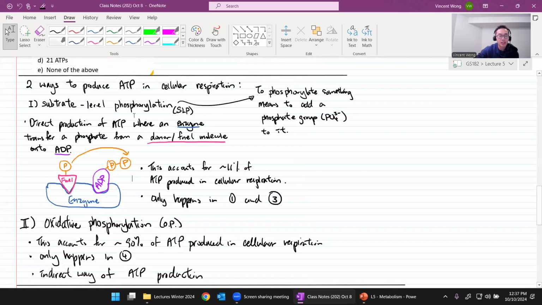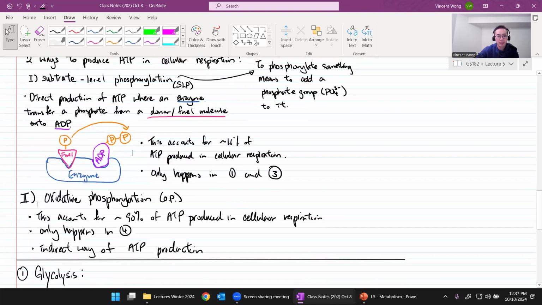There is the substrate level phosphorylation, which involves an enzyme transferring the phosphate from a donor onto ADP, and then you're going to make ATP. So this is not the most common way of doing it. It's only going to make about 11% of all the ATPs. It happens in step 1 and step 3.